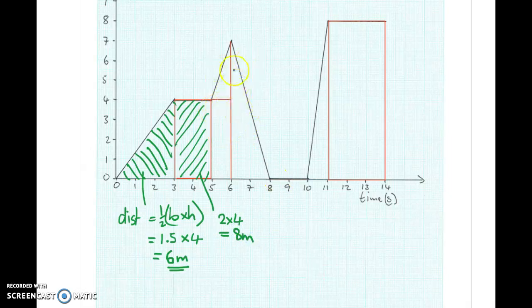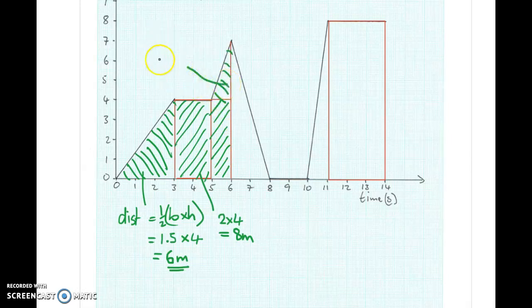And then we've got various triangles and rectangles that we need to sum up. So if you want to know how far it travelled between 5 and 6 seconds, we need to work out the area of that rectangle and the area of this triangle. Let's do this one first.